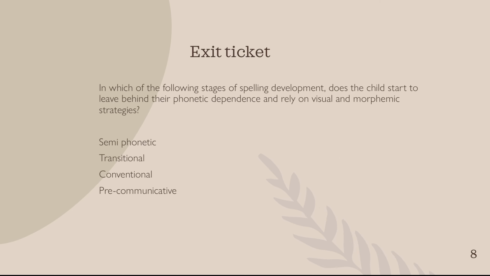Now, moving on to our exit ticket. This is one of the questions I have found on 240 Tutoring under this specific literacy section. That being, in which of the following stages of spelling development does a child start to leave behind their phonic dependence and rely on visual morphemic strategies?